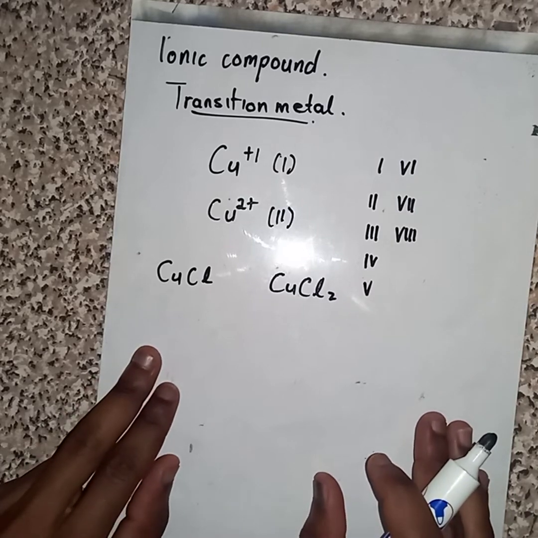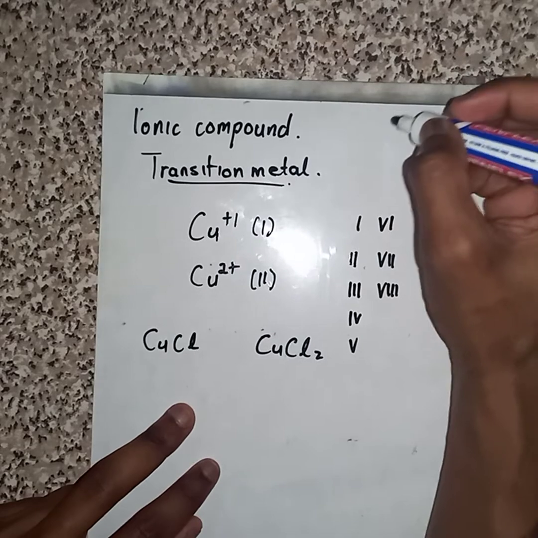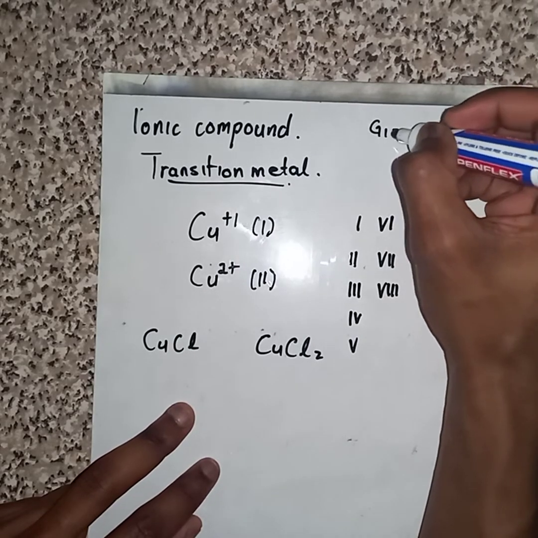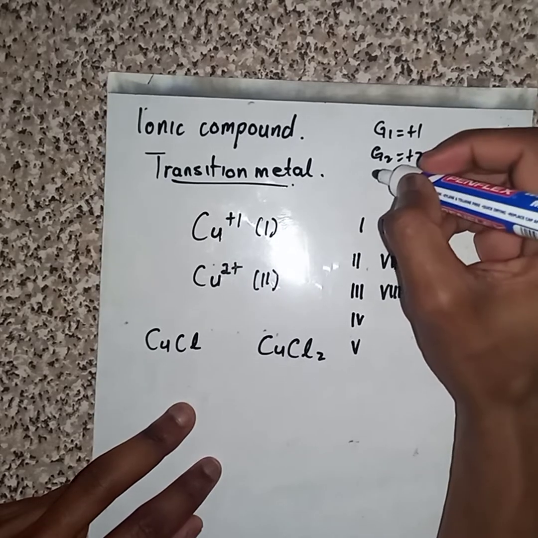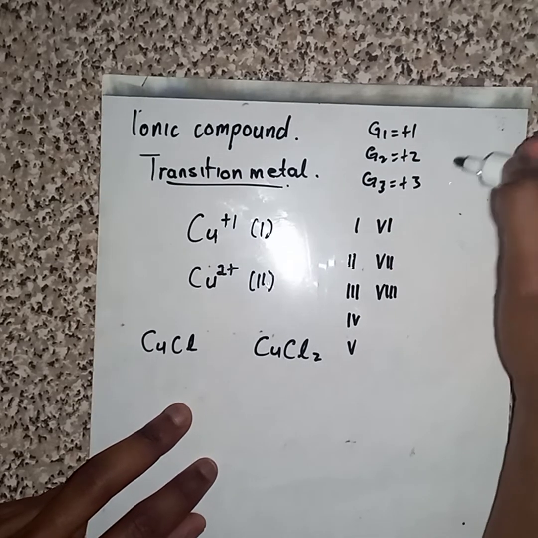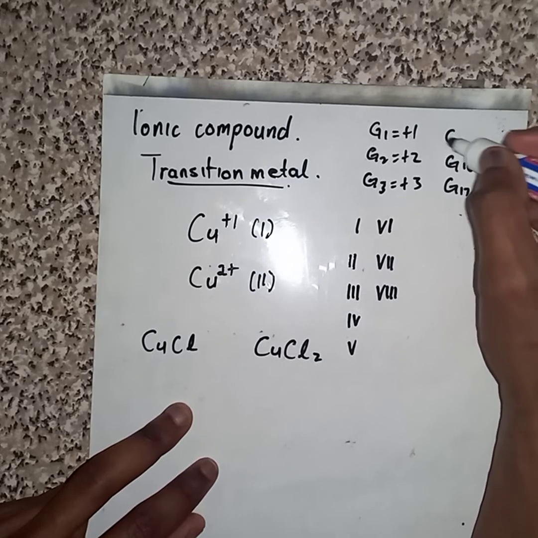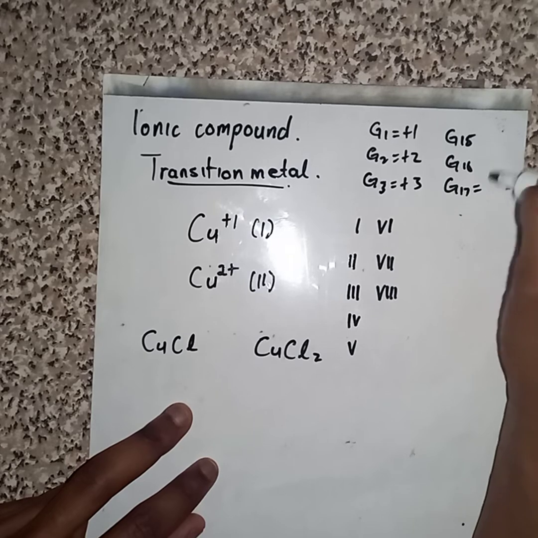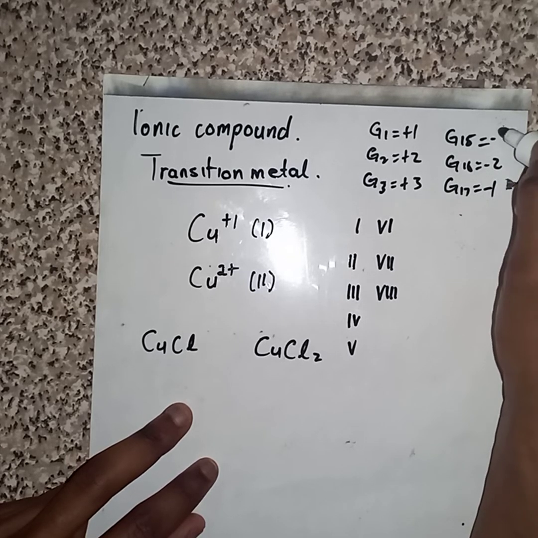From our periodic table, group 1 is +1, group 2 is +2, group 3 is +3. Then we have groups 17, 16, 15, which are -1, -2, -3.